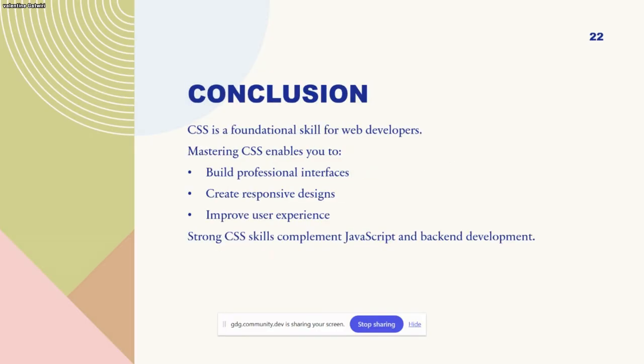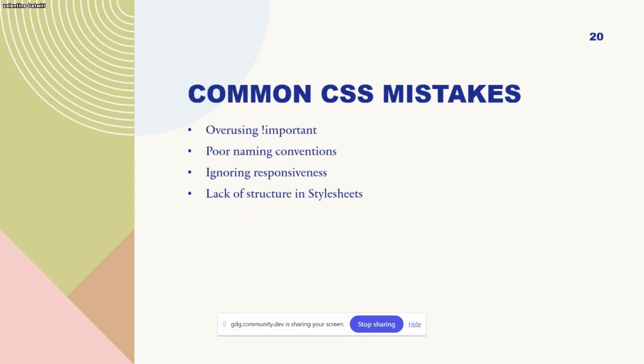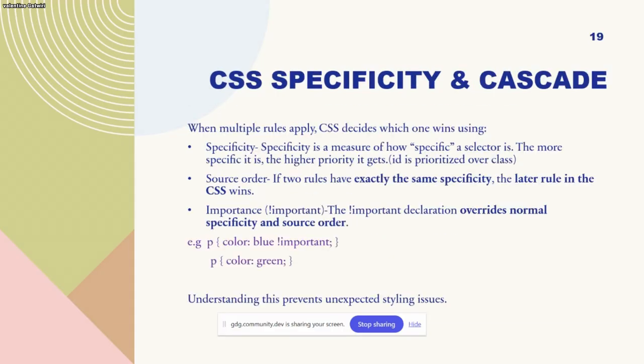In conclusion, okay, we can check out examples of CSS specificity and cascade before going to our conclusion. So let's do that.